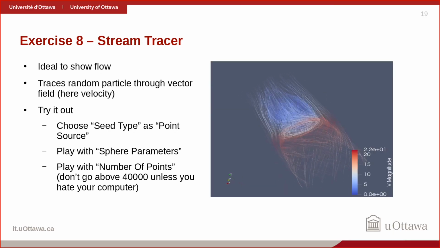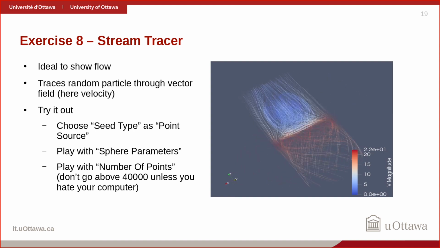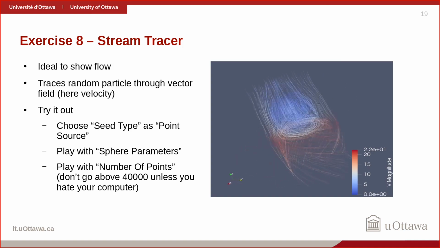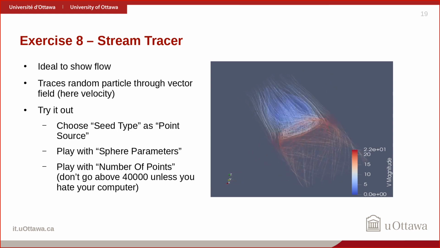Okay, this is a really neat one. This is the stream tracer. And what it does is it just randomly generates a particle somewhere. And then it follows any vector data that you have in your data set. So in this particular data set, we have the velocity of the gas.